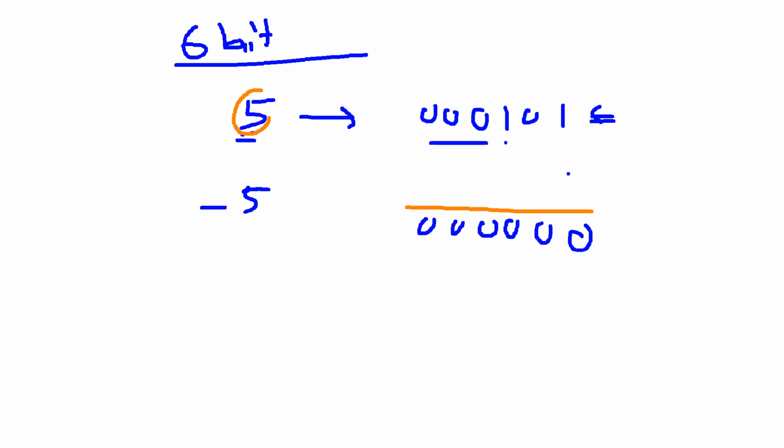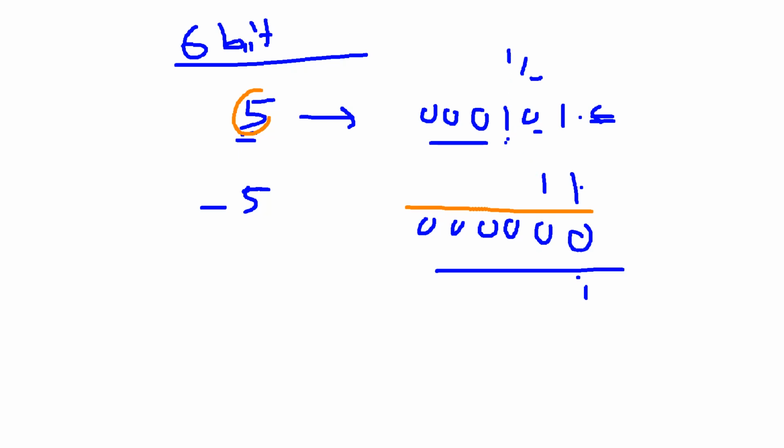It should be 1 here. 1 add 1 is 0 and 1 carry out, right? 0 add something add 1 carry out, that means it should be 1 here, right?